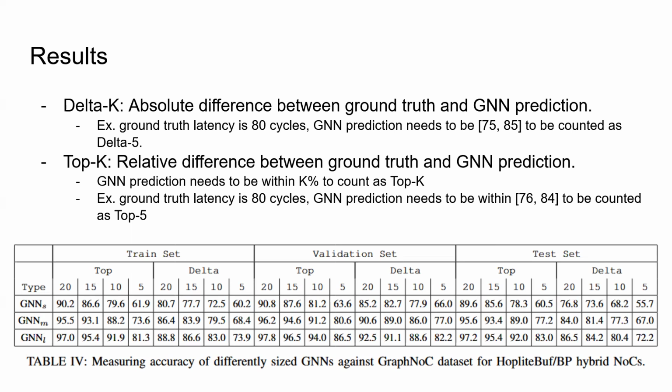For delta 5, that means your prediction is within 5 values of your measurement. So if the ground truth is 80 cycles, the prediction would have to be between 75 and 85 to be counted. And then you have top K, which is a percentage, so a relative difference. For 80 cycles, 4 cycles would be within 5%, so it'd be 76 to 84.